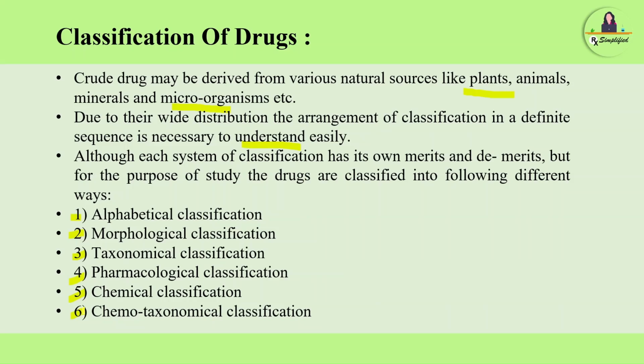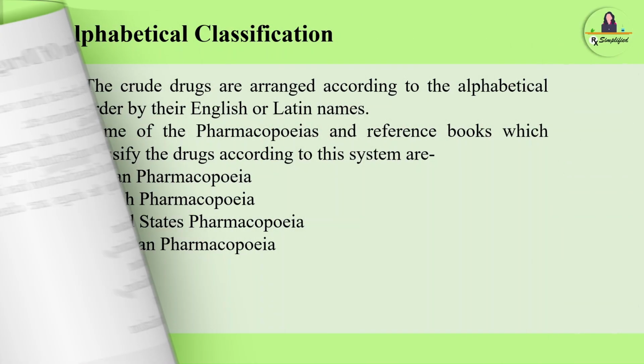A means alphabetical classification, T means taxonomical classification, M means morphological classification. Per CCTV: P means pharmacological classification. The first C means chemical classification, the second C means chemotaxonomical classification. Of these six types, the most important are morphological classification and pharmacological classification.